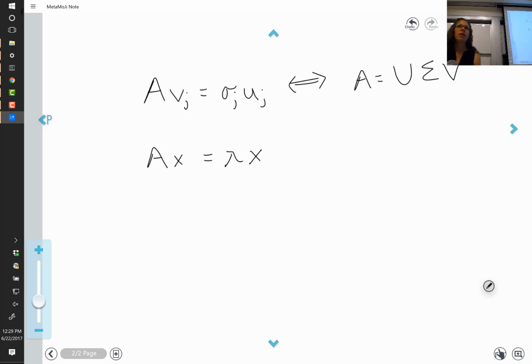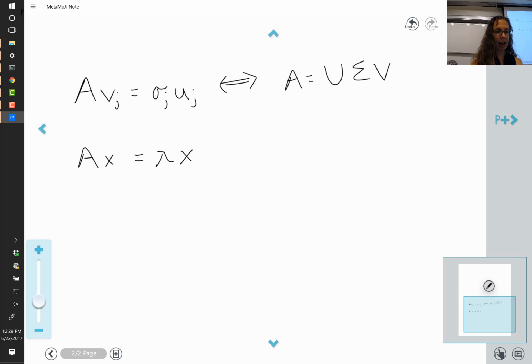Kelsey, can you pass the microphone, Linda? Is the singular value kind of like the stretching that you're doing? It is, yeah. The stretching that you're doing. Like if A is rotating and elongating. Okay. Yes, exactly. That's a great thing to note. Often with singular values you'll see these pictures.